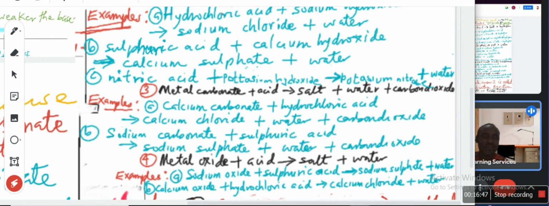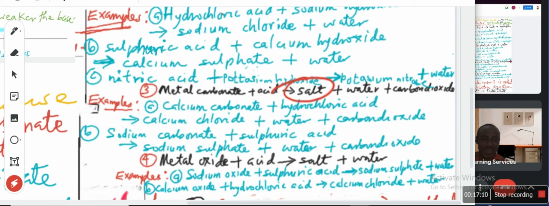Give me an example of a metal carbonate. Calcium carbonate plus hydrochloric acid. That is like saying metal carbonate plus acid. What do we get? Calcium chloride plus water plus carbon dioxide.